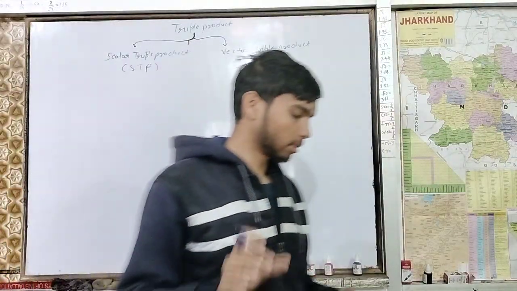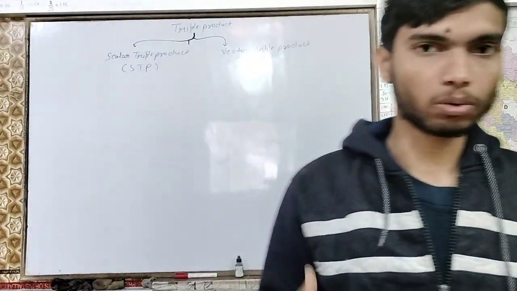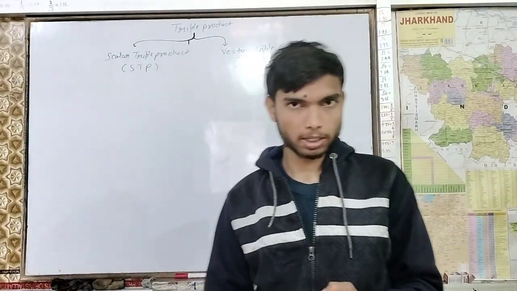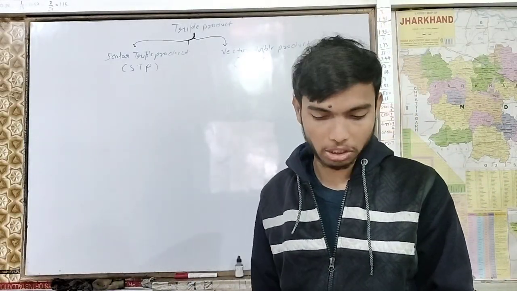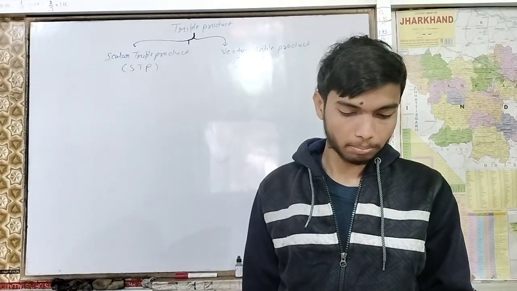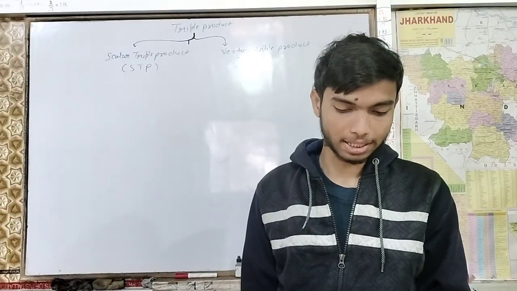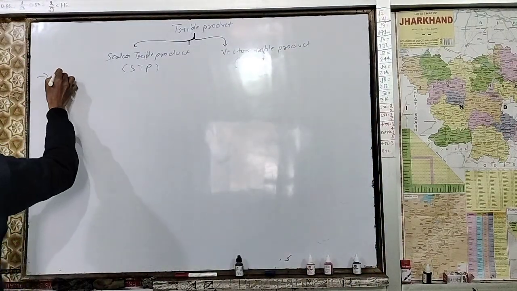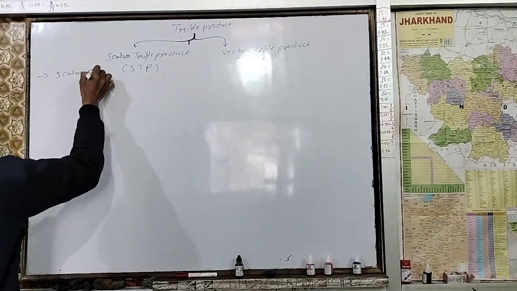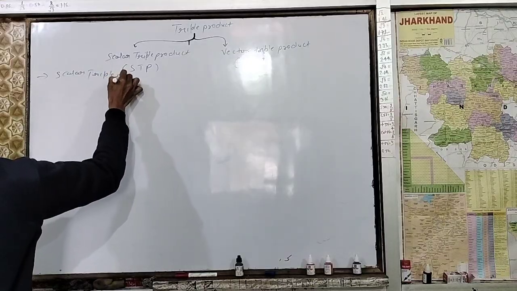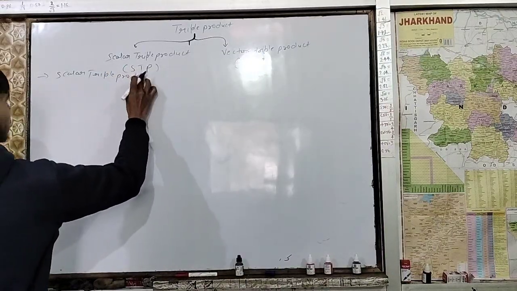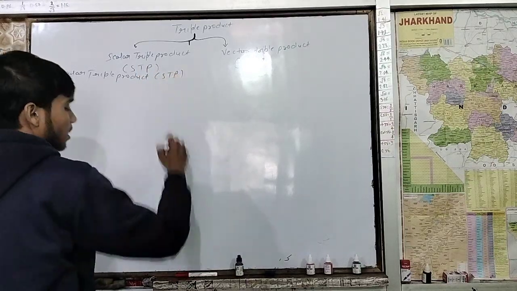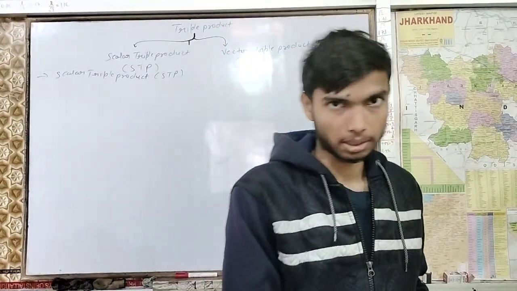I have a PPT. First of all I will read, then I will tell you what it is. So the scalar triple product, we are going to discuss it. As its name may suggest, it results in a scalar. This is telling you that the result will be a scalar quantity.